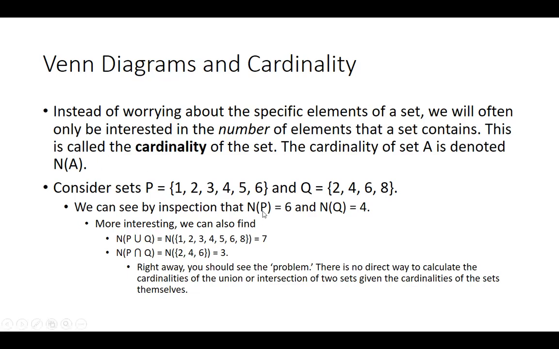So just given that the cardinality of P is 6 and the cardinality of Q is 4, there's no way just from the numbers 6 and 4 to come up with the union having a cardinality of 7 and the intersection having a cardinality of 3. We would need the actual elements of the set to determine what's in the intersection, what's in the union, finding the intersection and the union, and then counting up the number of elements inside of it.